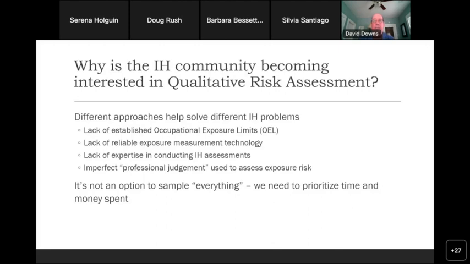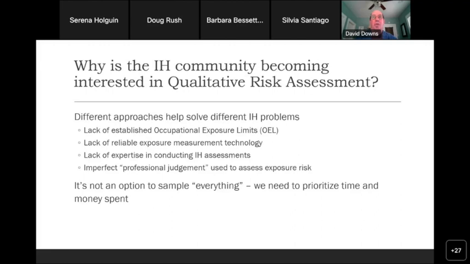The fact is that there is a lack of established occupational exposure limits, OELs. I don't know exactly what the numbers are, but I think there's something in the range of 1,000 to 1,200 established occupational exposure limits that have actually been validated, and things like the TLVs from the ACGIH, the NIOSH limits, OSHA, BELs, and so forth.